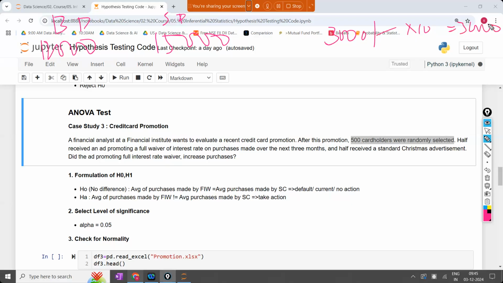There is one more option: instead of selling in a single shot, give an EMI facility, say 5,000, 5,000, 5,000. Automatically, more people will start purchasing.